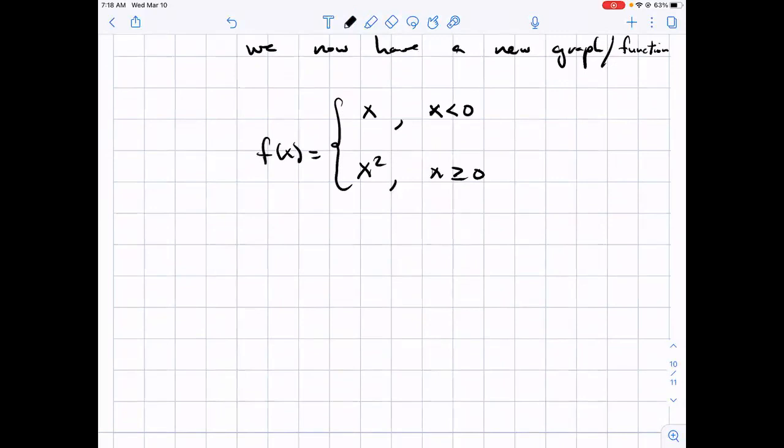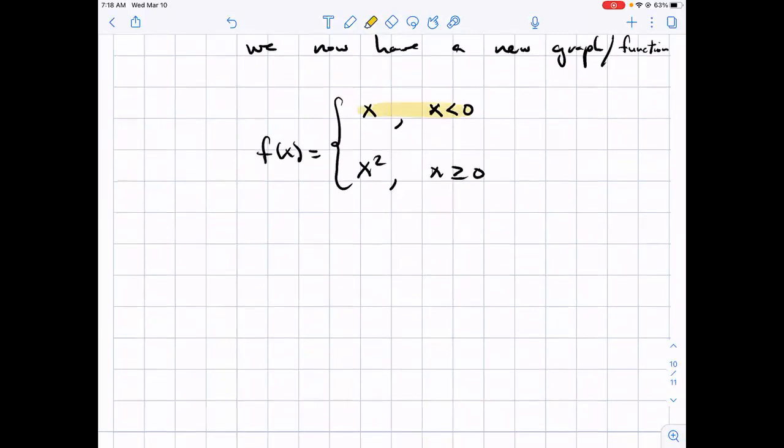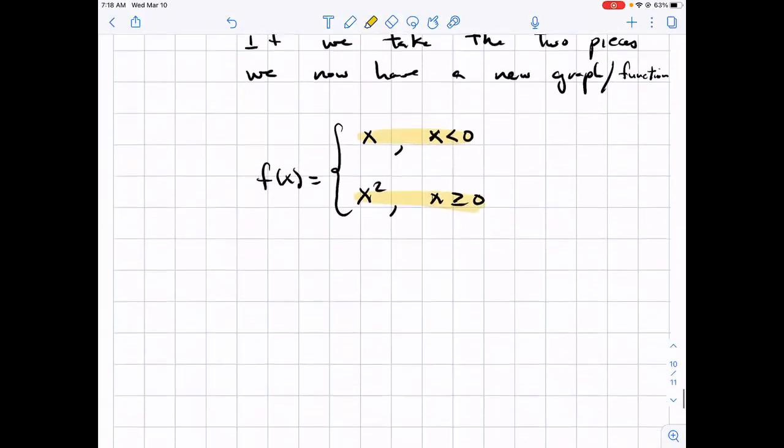So this is our piecewise function, this is what we call the piecewise. There's this piece and this piece here. Now, please note that in a piecewise function, if this is less than 0, this will be greater than or equal to. Both of them cannot contain the equal sign.